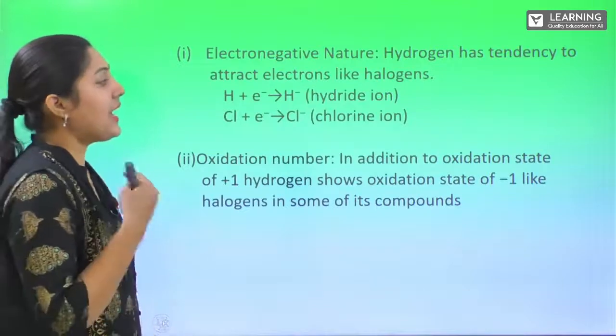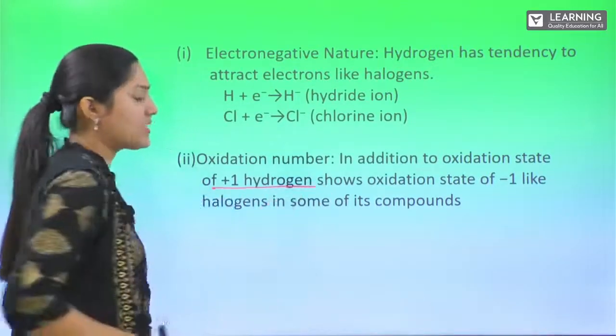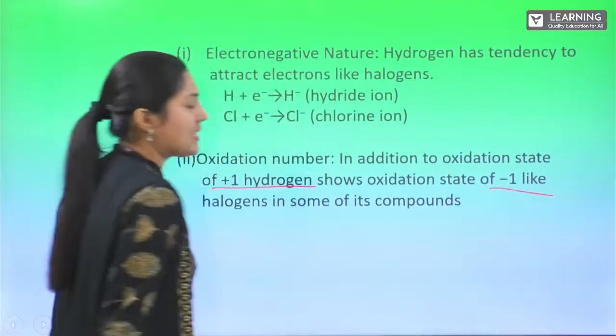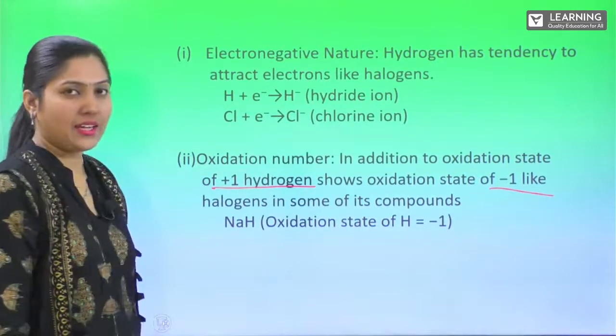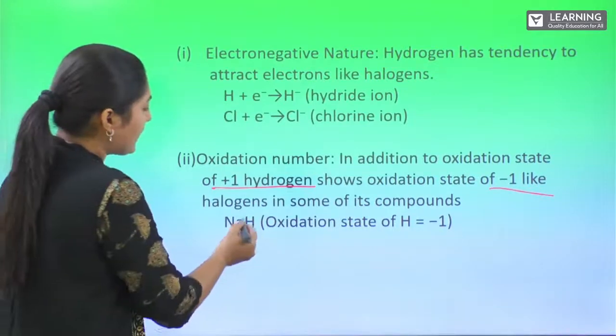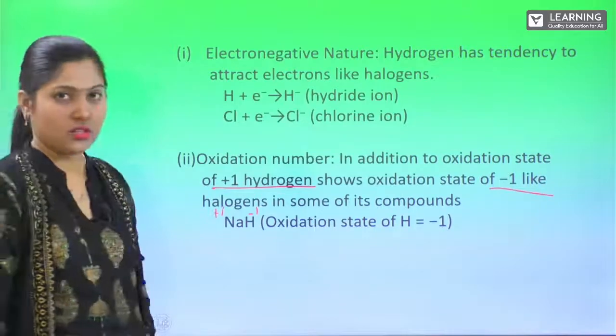Oxidation number. In addition to oxidation number of hydrogen, which is +1, it also has the -1 state like halogens. If you see here NaH, when hydrogen is reacting with the metals, it will get -1 charge, where metals will get +1 charge.